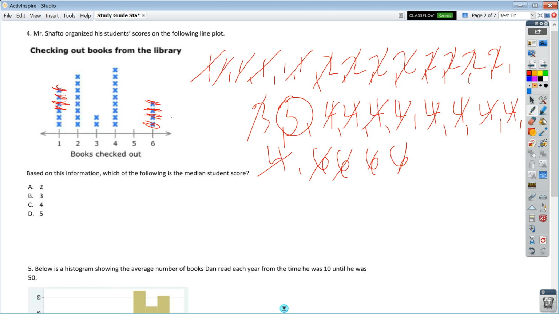Notice that I'm crossing them off from the outsides first. This can be somewhat confusing sometimes. And so if that's confusing to you, then go ahead and list out the numbers. Either way, the answer is A.